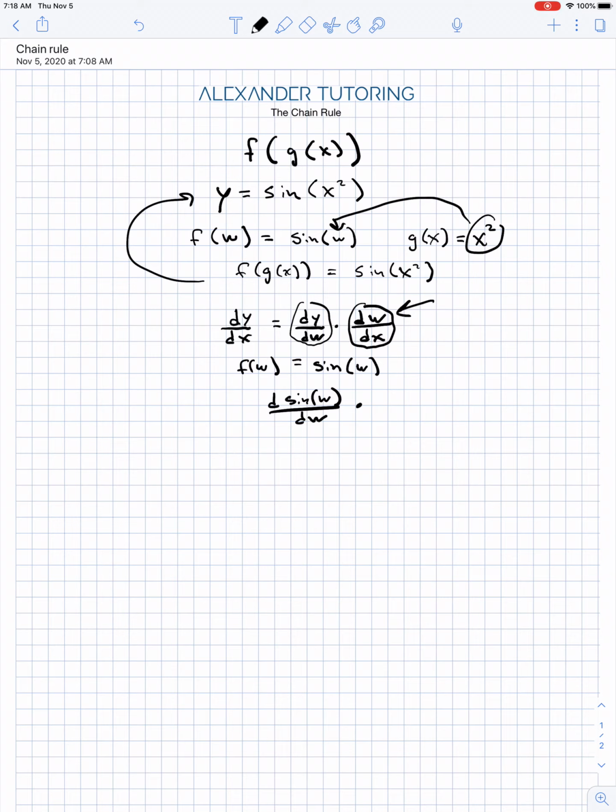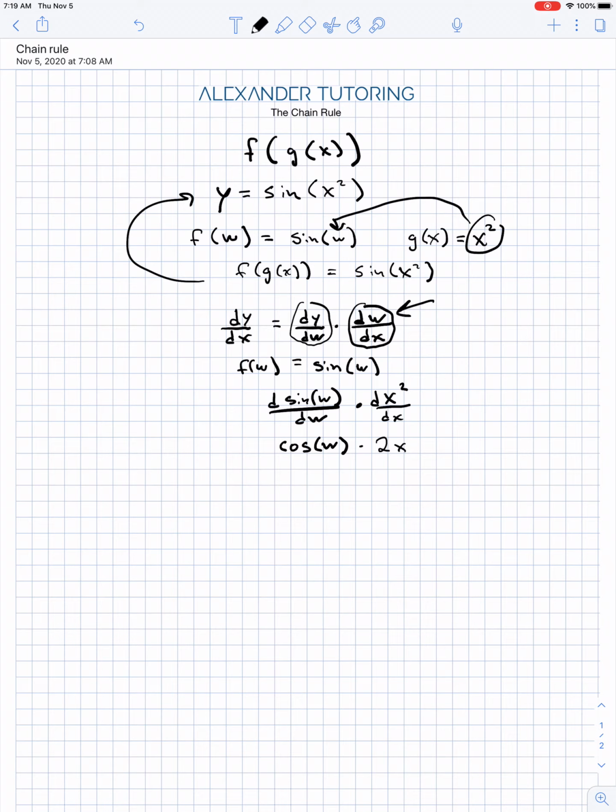It's x squared, the inside function. Okay, and this allows us to do it. So we're going to take the derivative of the first one, the sine of w with respect to w. Hopefully you know the derivative of sine. The derivative of sine is cosine times, oh, excuse me, I left out a d here, the derivative of x squared. Well, that's an easy one with respect to x. That you should learn right away in the beginning, is simply 2x.